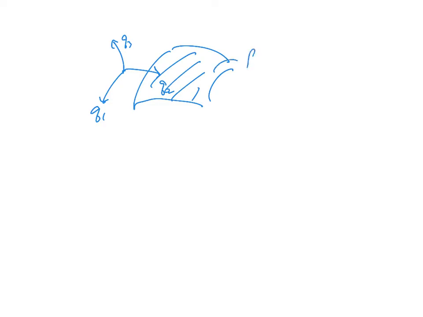So assuming that we have q1, q2, and q3, and we have some surface, let's have q1, q2, q3 constant. And the gradient is defined as the maximum change of a function along the direction.